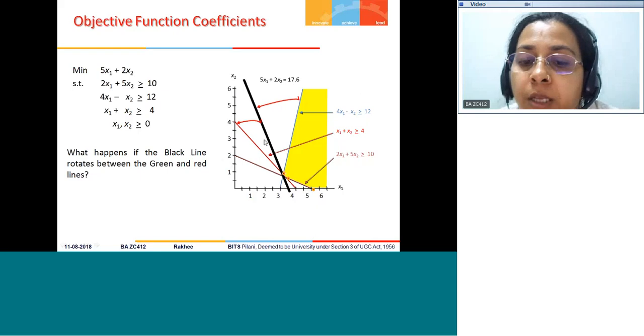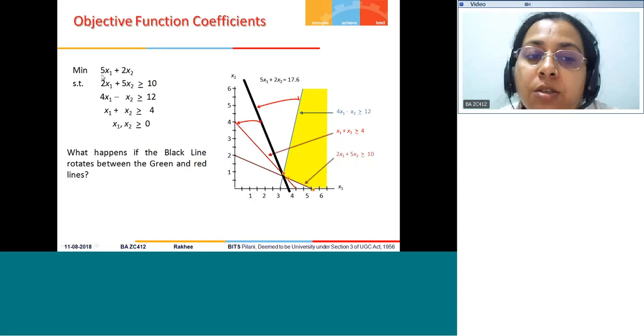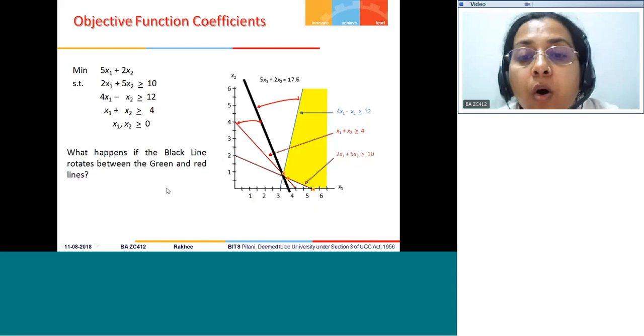That means I still be at this point, touching this point in the constraint. How much I change the 5 and 2, these coefficients of objective function variables, which will not affect my optimal value of the problem. That I need to see.